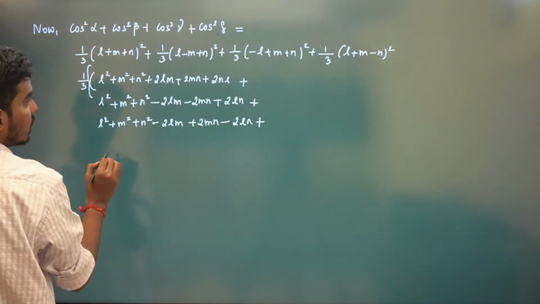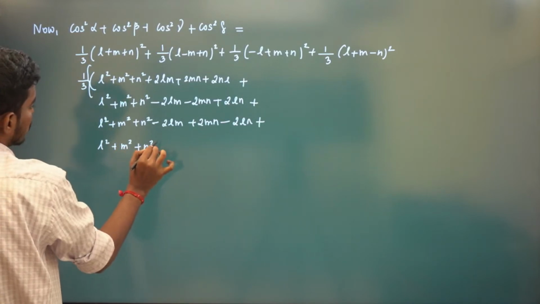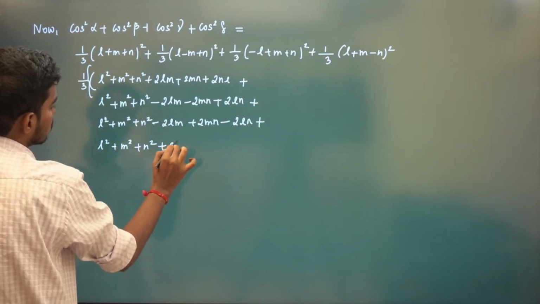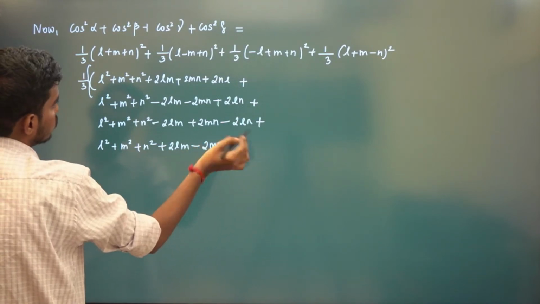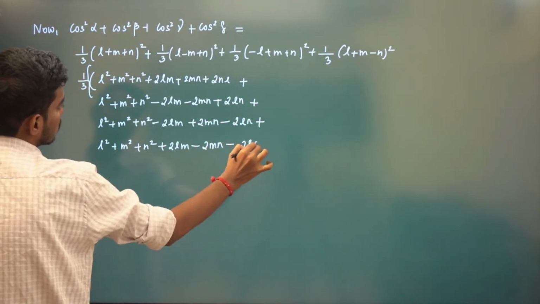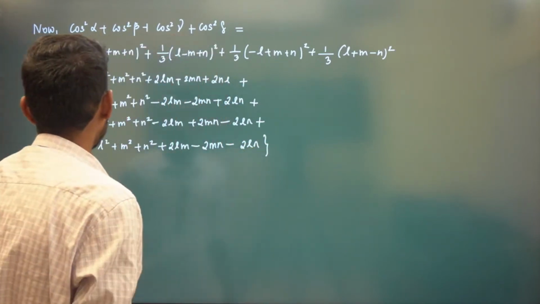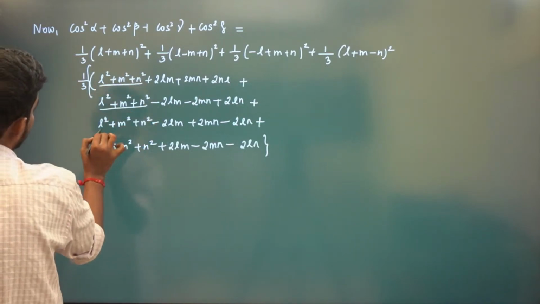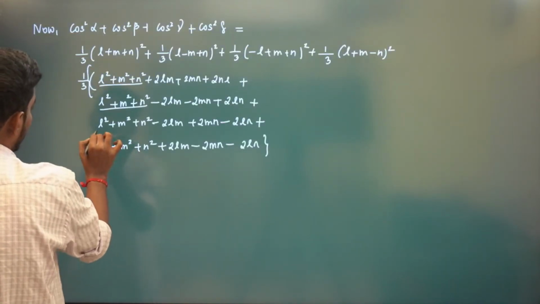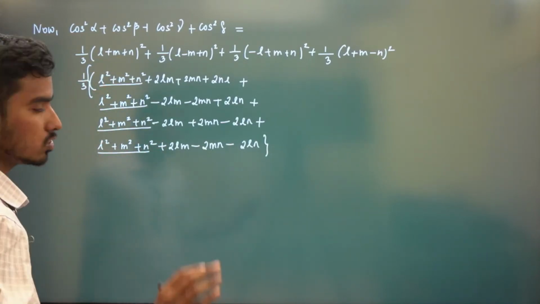And again A square plus B square plus C square, 2AB plus 2BC plus 2CA. So this is what you will have. Now L square plus M square plus N square will be 1. All these will be 1, so 1, 1, 1, 1. So we will have 4.